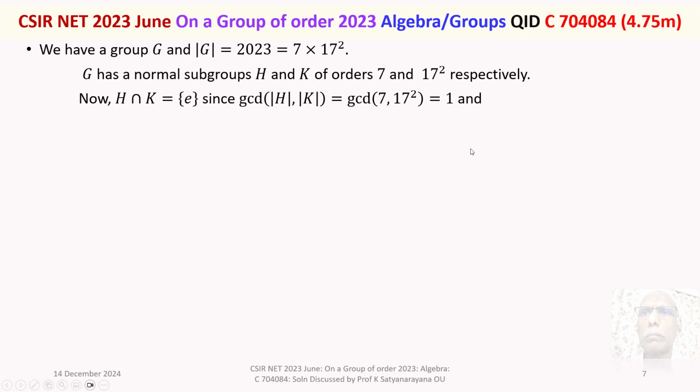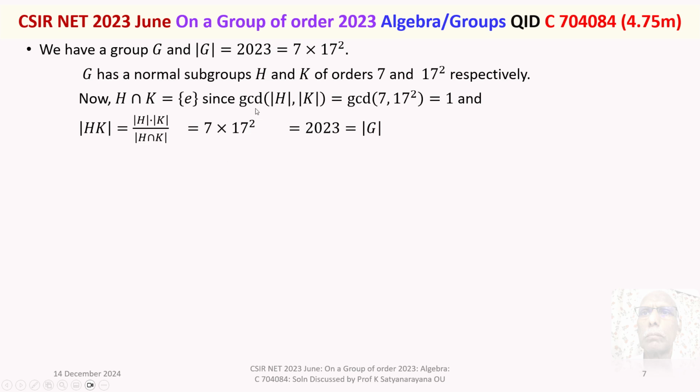Thus, what are the properties we have now? So now, the order of HK. What is the order of HK? HK is called a complex. The order of HK is equal to, remember the formula, the order of H multiplied by the order of K divided by the order of H intersection K. That is equal to the order of H, which is 7, into the order of K, which is 17 square, divided by the order of H intersection K, which is 1.